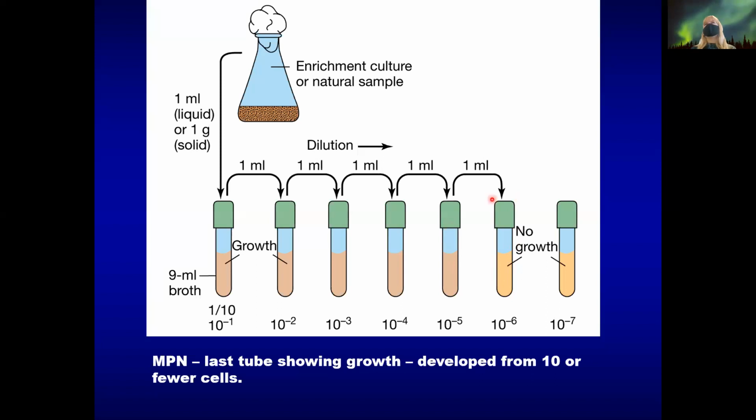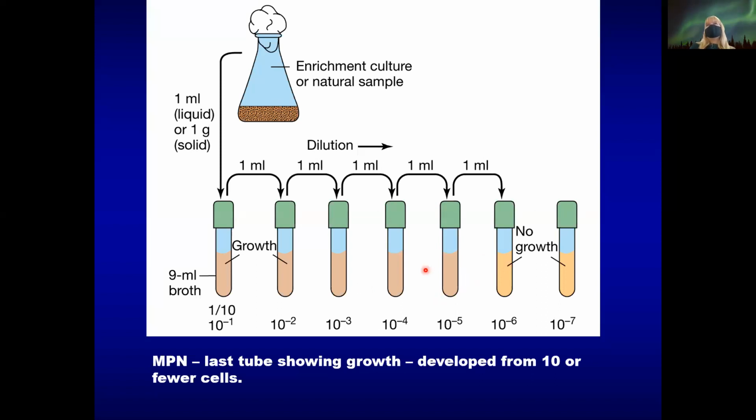And so the thought is, okay, the previous tube must have had 10 or fewer cells to end up with the next tenfold dilution showing nothing. So in this case, the most probable number would be essentially 10 to the 5th organisms showing up. So it's a way to estimate your population, but you don't really have to do a viable count. You can just work with the tubes. And so it's a little bit quicker.